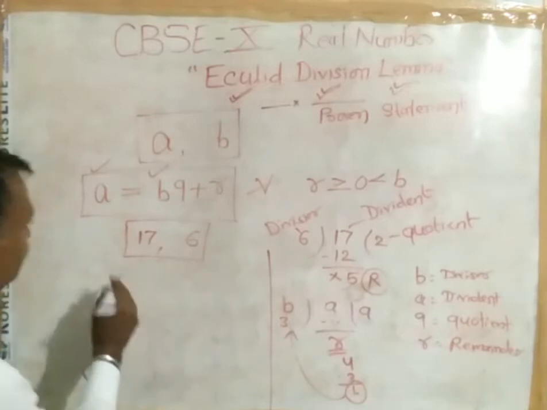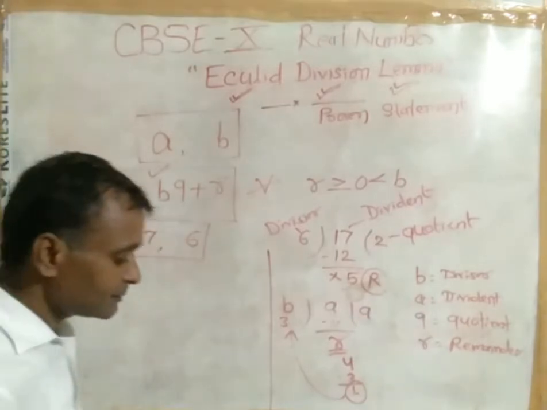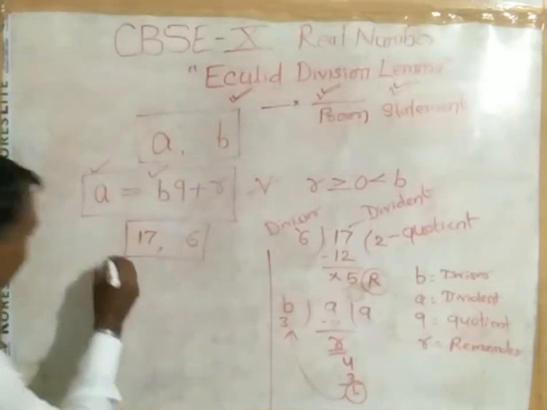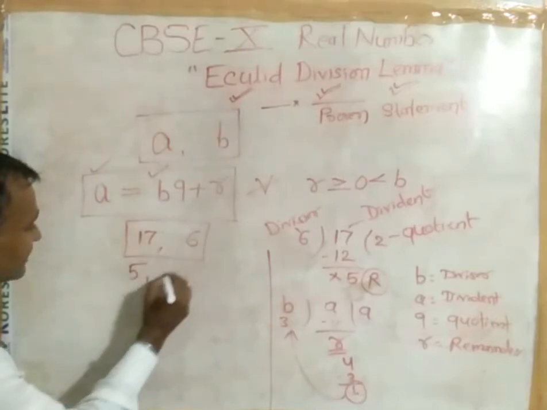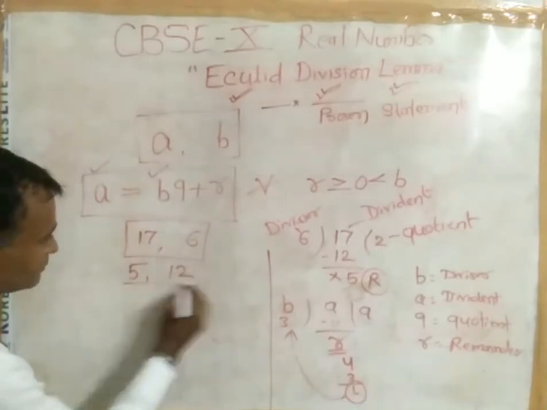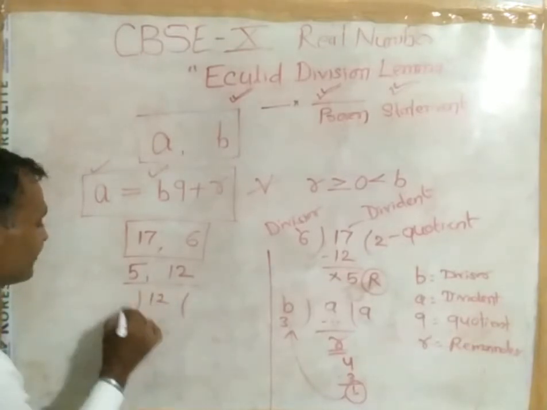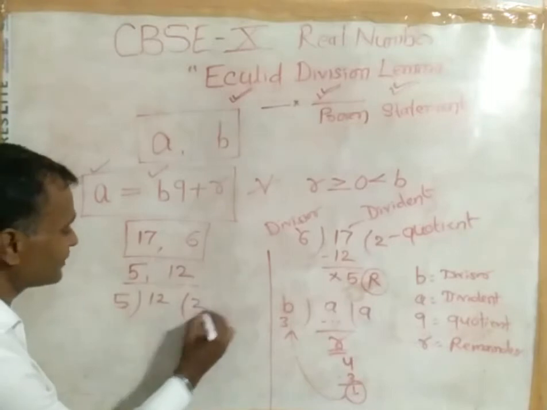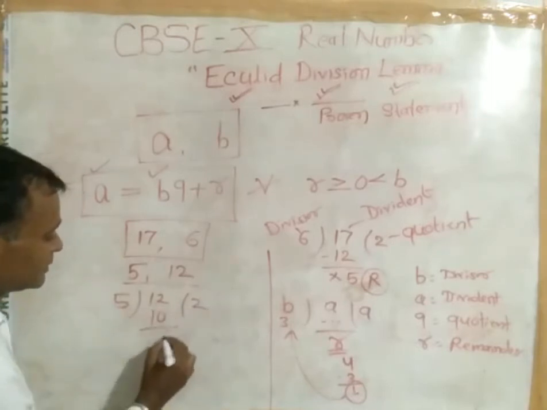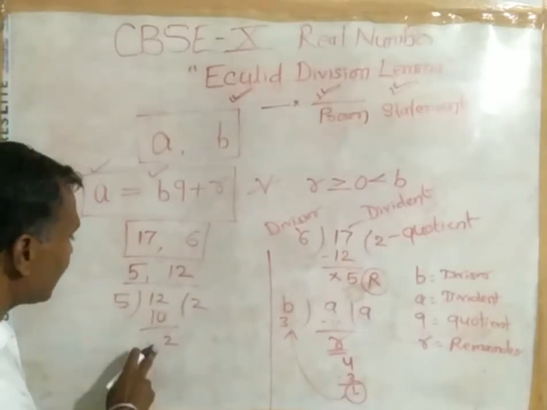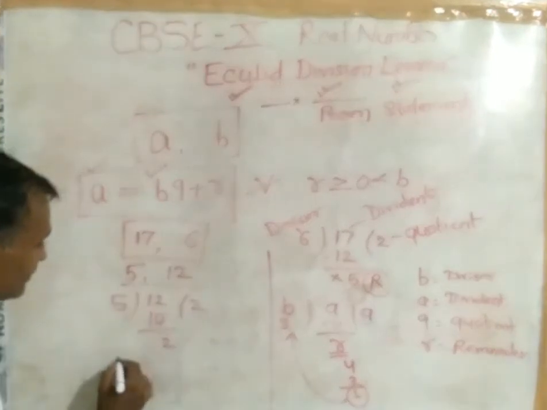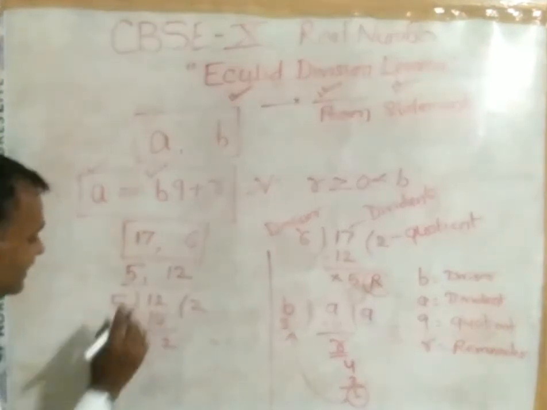Okay. Now we consider some more examples for this Euclid division lemma. We have another pair, 5 and 12. We divide 12 by 5. 5 2s are 10, 2 as a remainder. How can we write it?